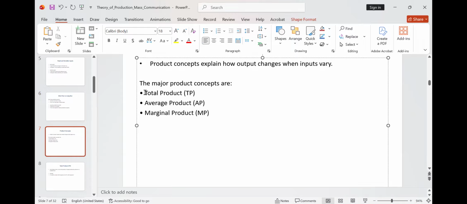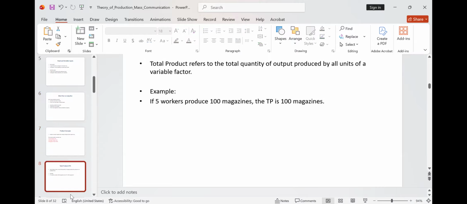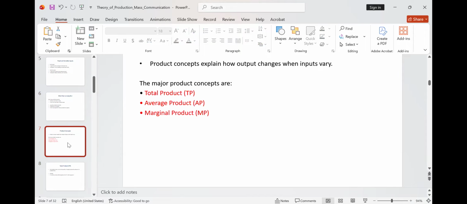Total products, take note of it. Let me highlight it. Total product, average product, and marginal product. Let me just write a few things because I wanted this to be explained.